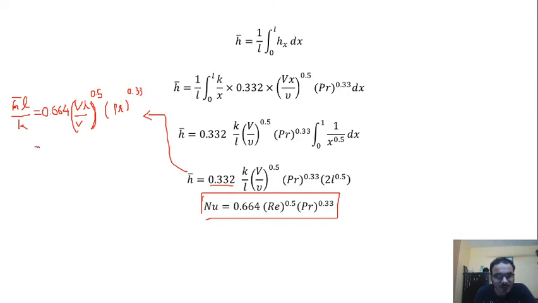So here what we are getting is 0.664 Re raised to 0.5 into Pr raised to 0.33, that is the value of Nu that you can see in this formula.